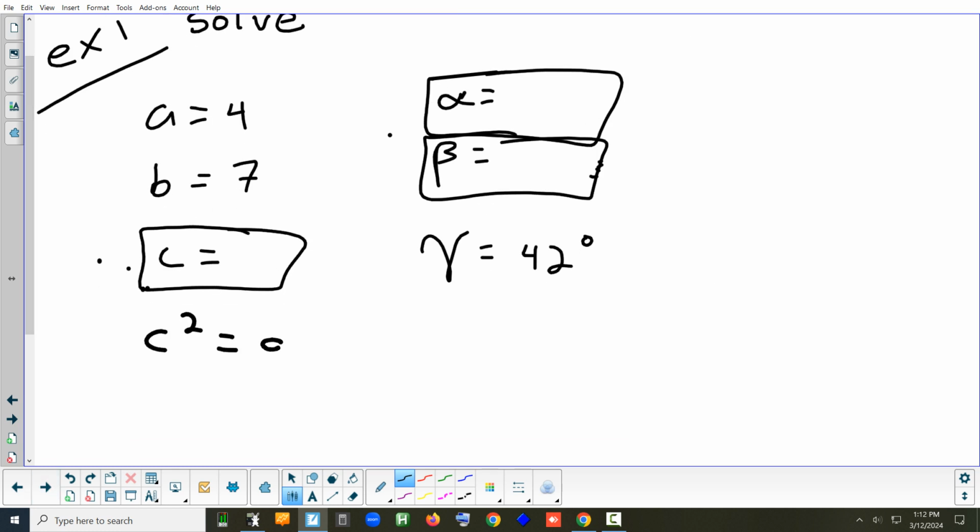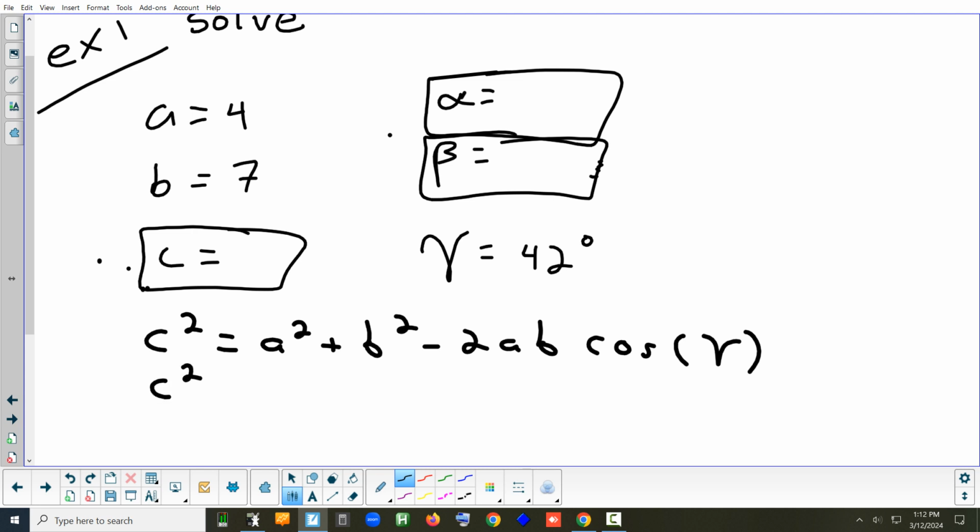Okay, so let's write it down. I am going to simplify some things as I go. What is a squared? 16. So let's just do that. What's b squared? 49. Now let's do 2 times a times b all at once.